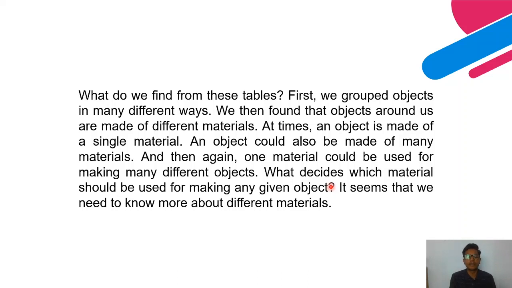A single pen can be made up of plastic, and the same pen can also be made up of plastic and metal. And then again, one material could be used for making many different objects. What decides which material should be used for making any given object? It seems that we need to know more about different materials. In further lectures, we will know how it is decided which material can be used for the objects.